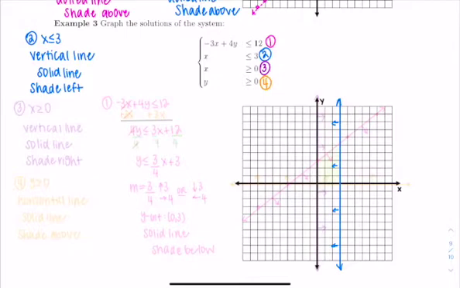Now let's look at equation number 3. x is greater than or equal to 0. Well, that's a vertical line, and it's also solid, but we're going to shade to the right.